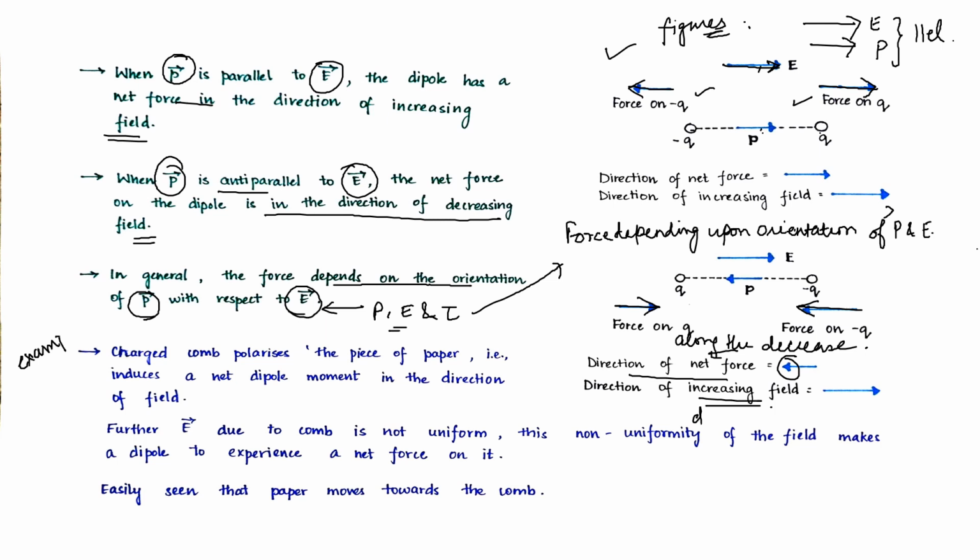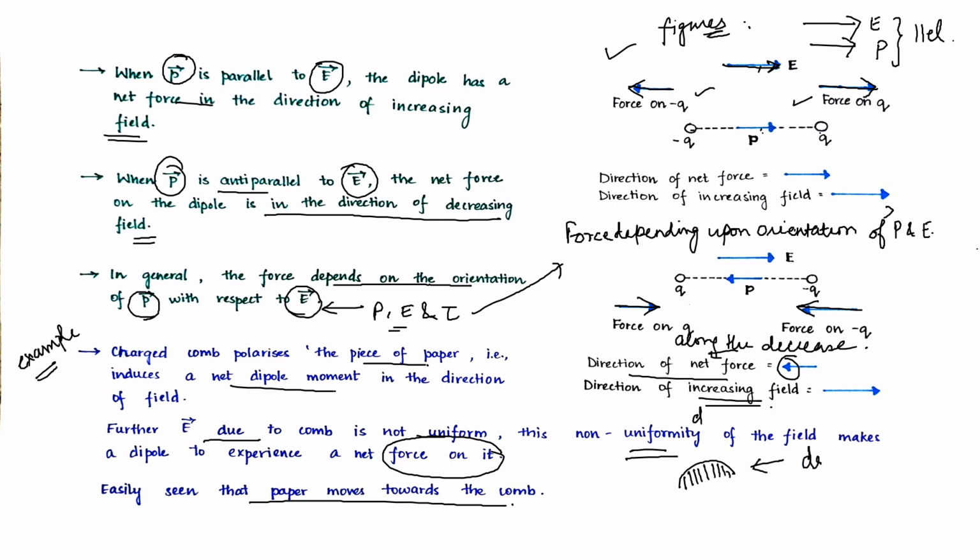Now we have taken one example, of a comb and a paper. The comb polarizes the piece of paper, that is, it induces a net dipole moment in the direction of the field. Further, E due to the comb is not uniform. This non-uniformity in the field makes the dipole experience a net force on it. It is easily seen that the paper moves towards the comb. Now we have a comb which we use for our dry hair.